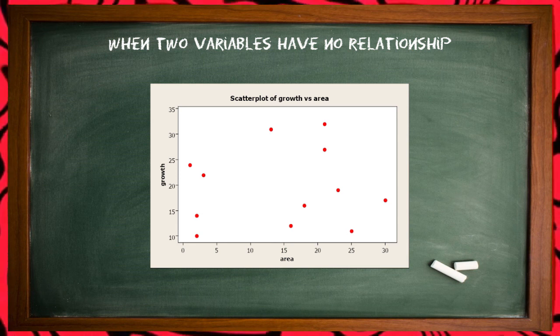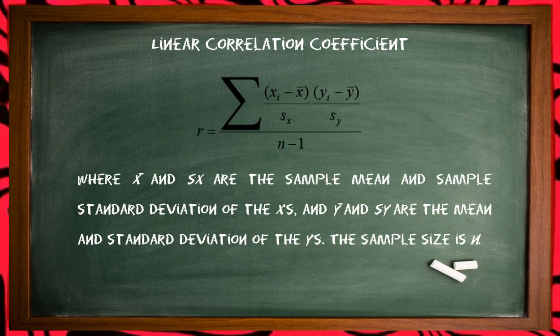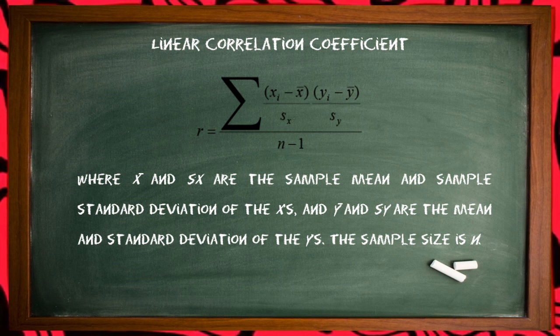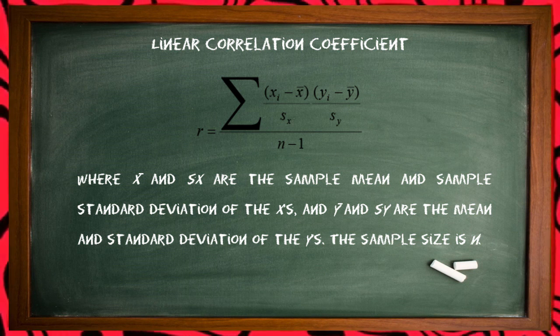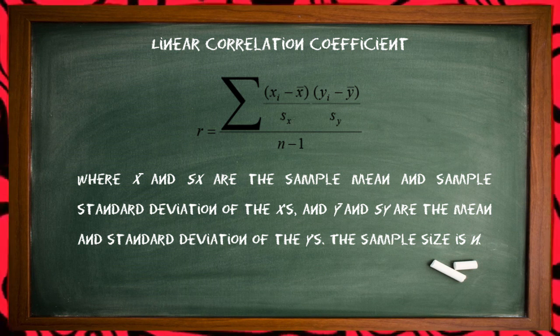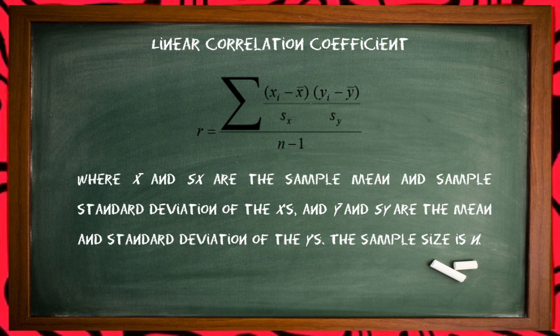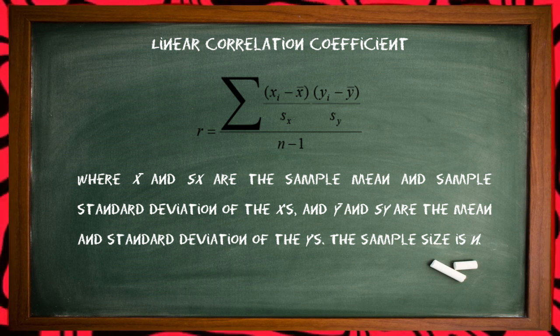Now let us talk about the linear correlation coefficient. Because visual examinations are largely subjective, we need a more precise and objective measure to define the correlation between the two variables.